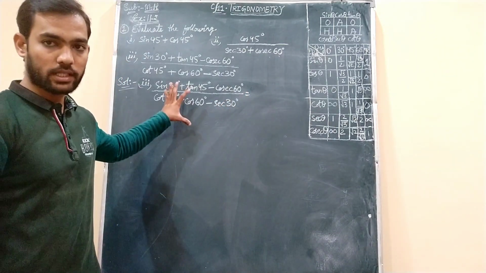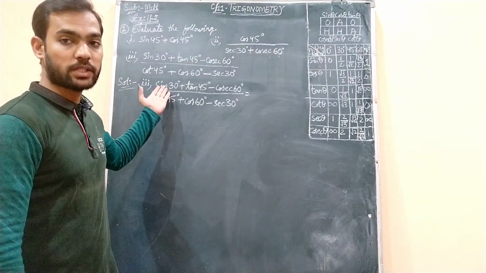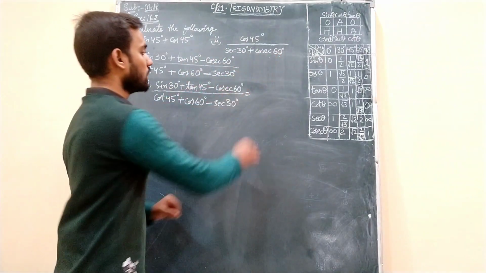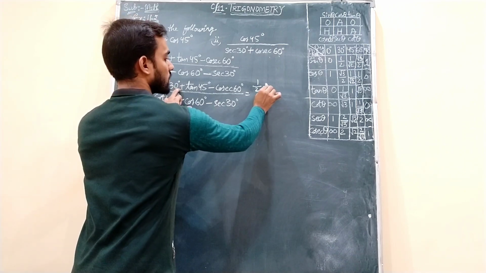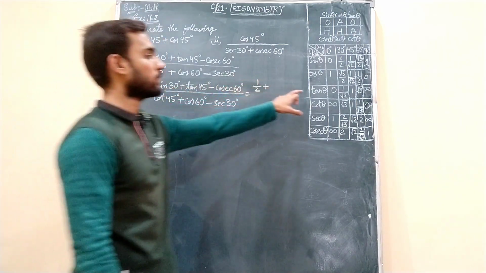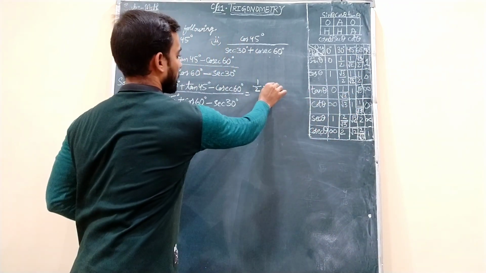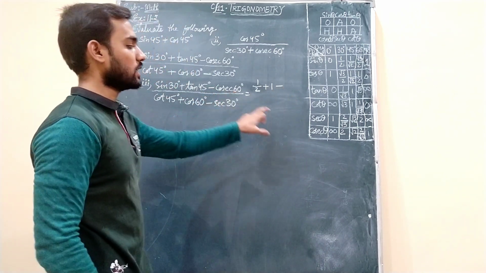Firstly, you need to copy the given expression as it is in the solution. Then we will go for substituting these values from the table. Sin 30, when you see, it is 1 by 2. Then plus tan 45. Tan 45 is 1. After that minus cosecant 60.